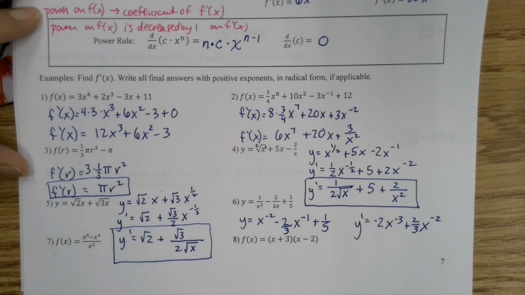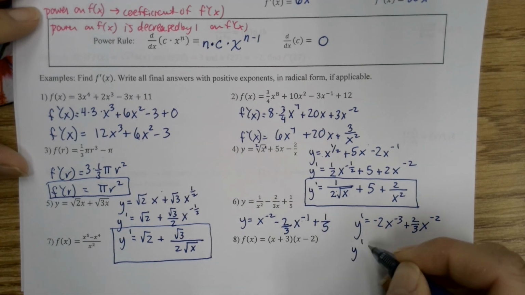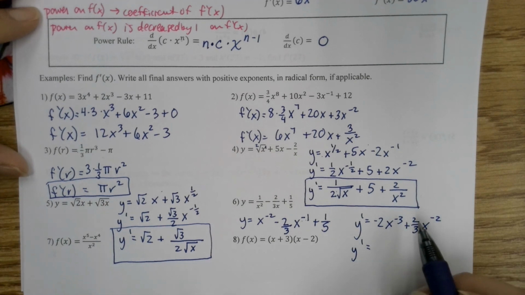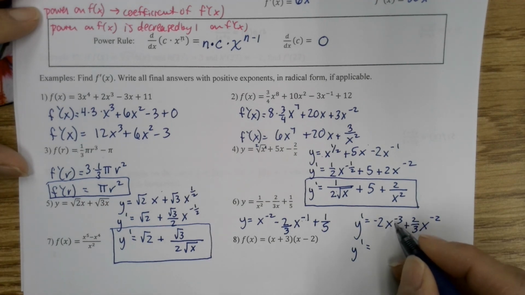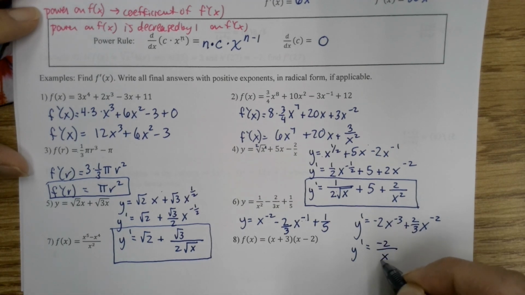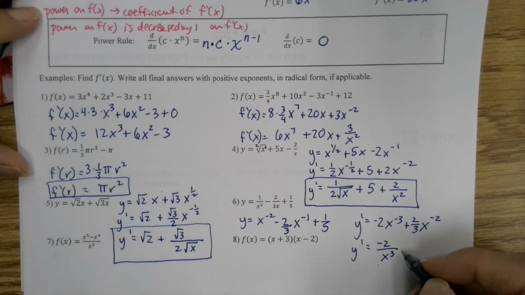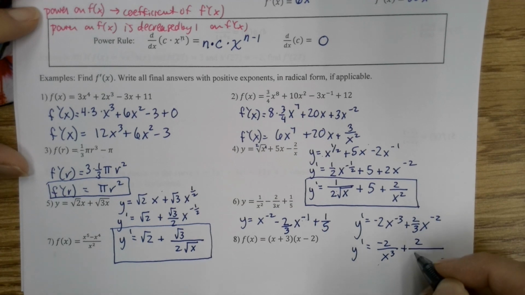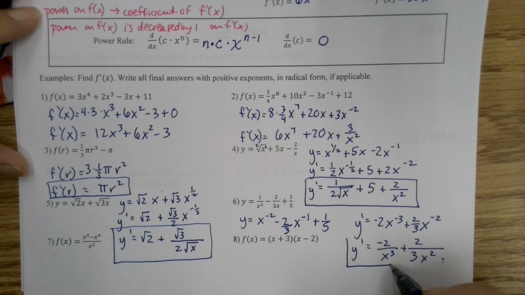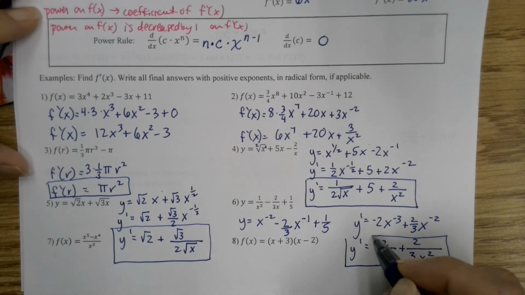And then the derivative of a constant is 0. And I'm just going to clean this up a little bit. So I'm going to push this x to the negative 3 back down to the bottom. So we have negative 2 over x cubed plus 2/3, and that x to the negative 2 comes down to the bottom also. So there is my final answer.